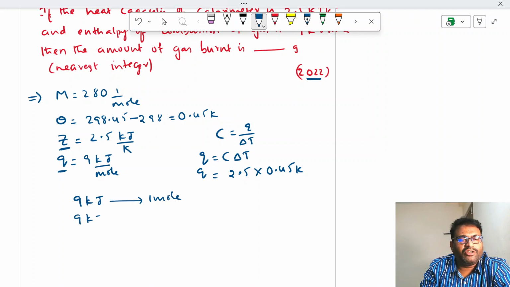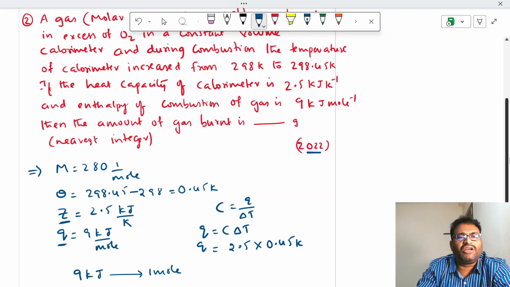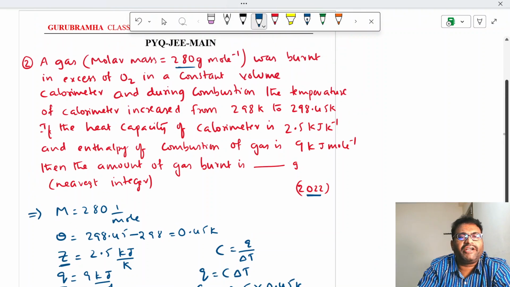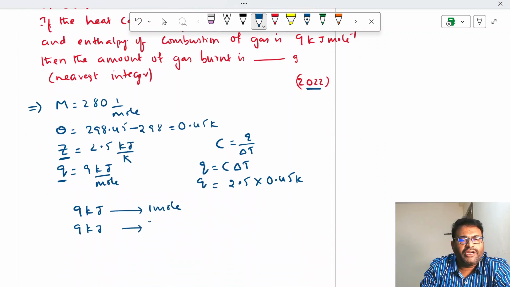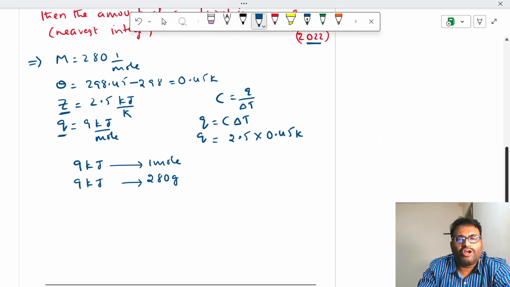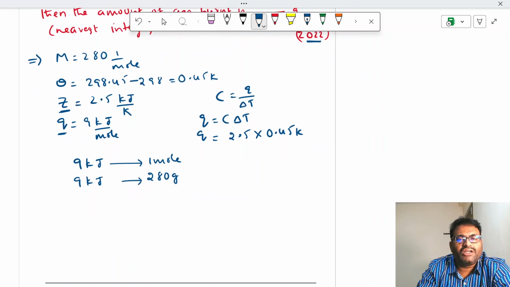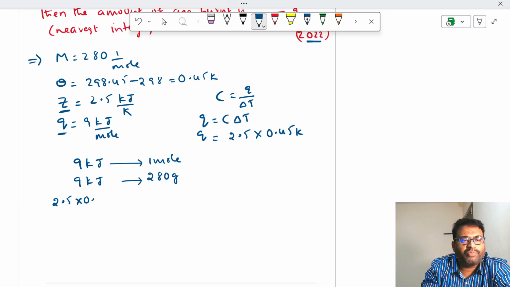That means 9 kilojoules is released when molecular mass 280 grams is combusted. How much heat energy is liberated in the bomb calorimeter? It is given here: 2.5 into 0.45.